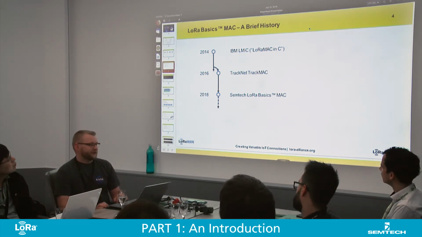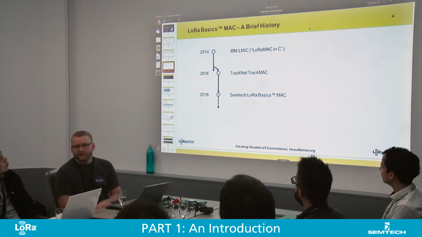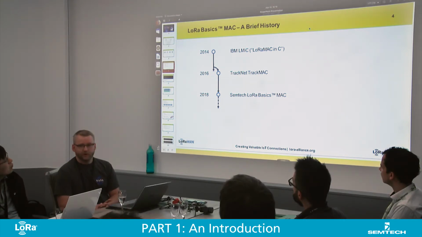At IBM the runtime was running on an STM32 L1, which is a Cortex-M3, and when we switched to TrackNet these requirements changed. We did a port of the runtime to Cortex-M0+.